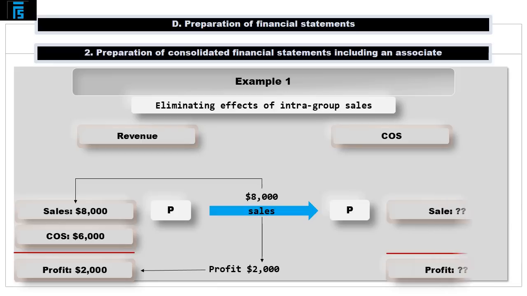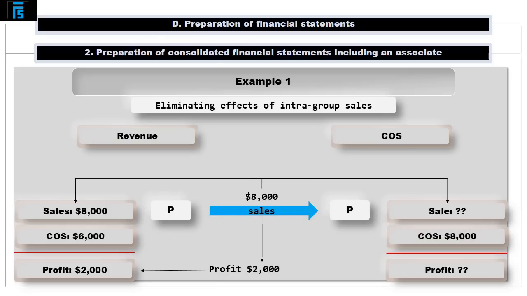At a later date, S sold these goods on to clients who are outside of the group. We do not know the revenue realized on this transaction, nor do we know the profit that was generated. We do, however, know that from the perspective of S, the cost of sales associated with this transaction must have been €8,000, seeing as this was the price which S paid for the goods.